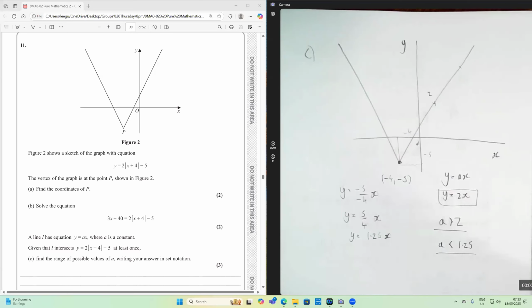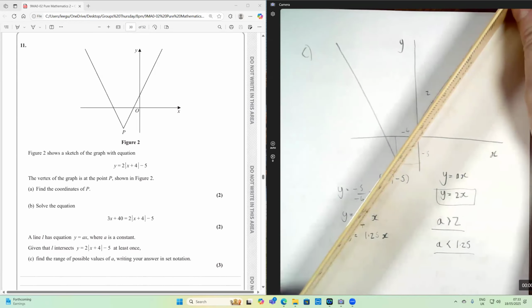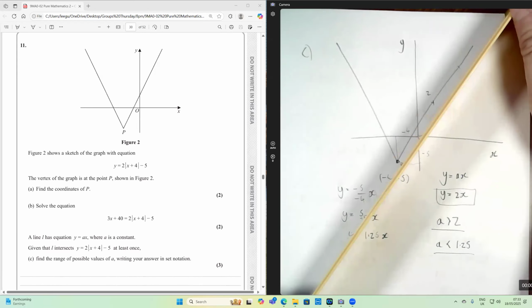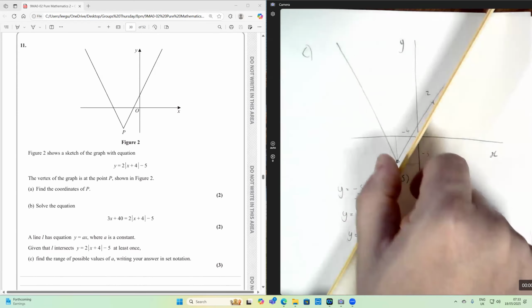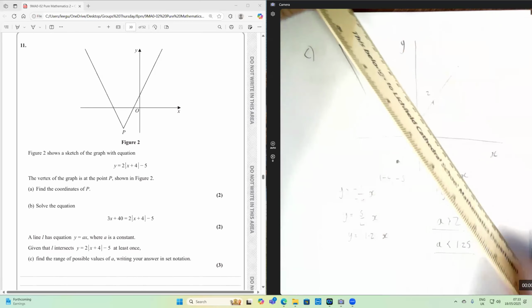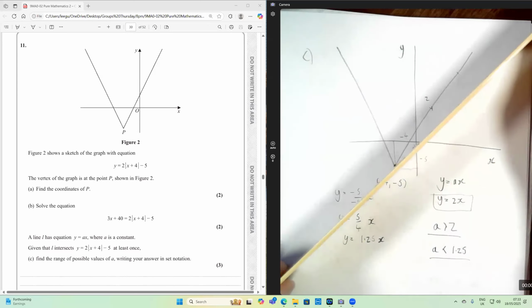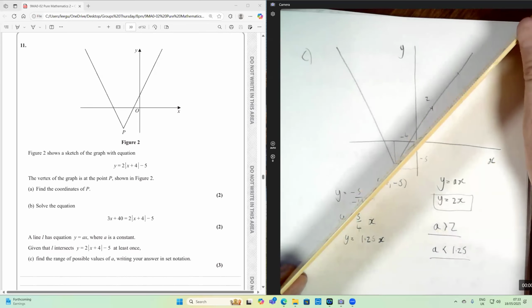Okay, let's just examine that again. So if we have a gradient of exactly 2, we have no points of intersection at all because they run parallel to each other. As soon as the gradient goes a little bit bigger, we start to intersect, okay? And that intersection carries on all the way around as the gradient changes, up until we get to this point here, at which point there is only one solution again, where it's at the vertex.